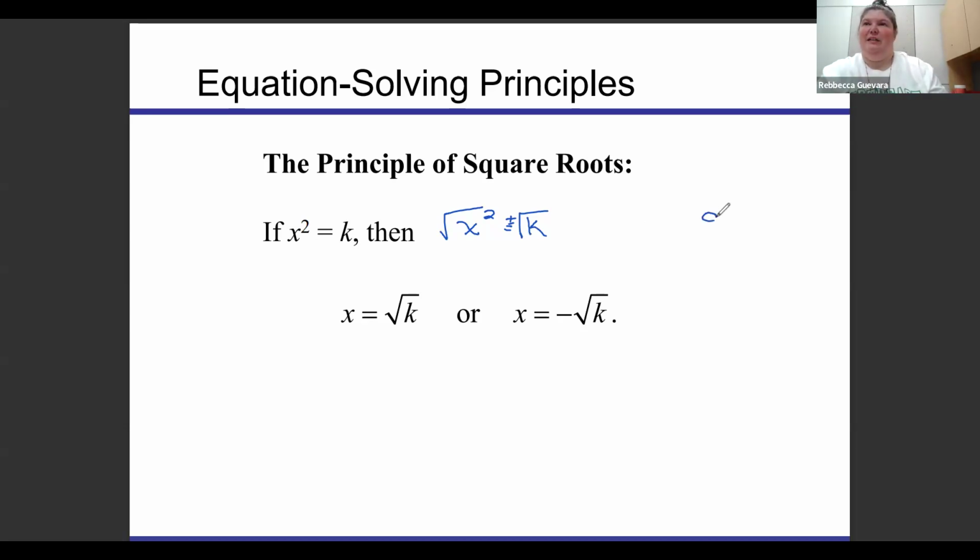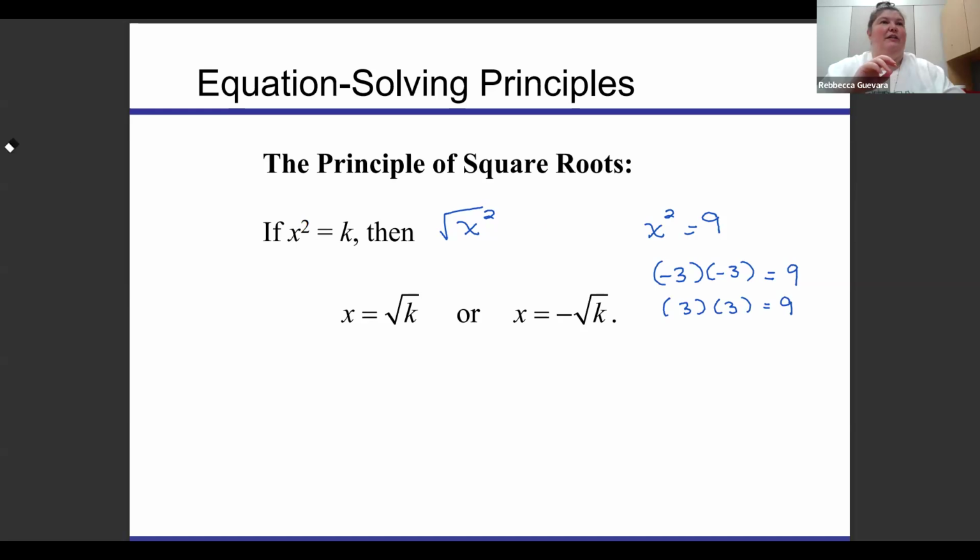This goes back to the idea, let's say you had 9, and you need a number that when squared is going to give you 9. You really have two choices here. Either -3 will give you a positive 9, or +3 will give you a positive 9. So that's why we end up with a positive root and a negative root.